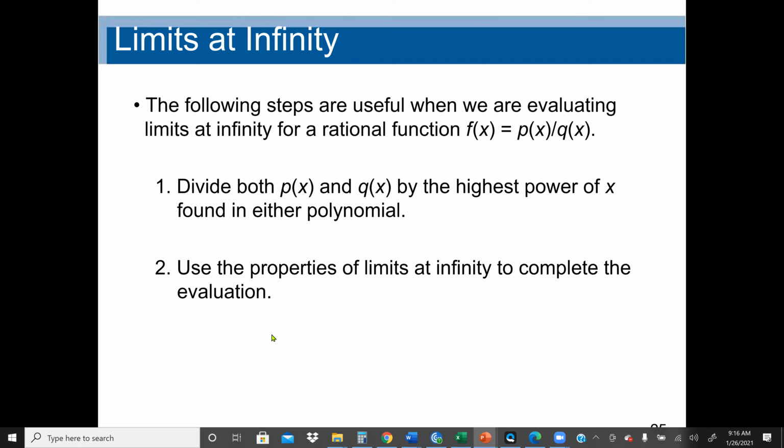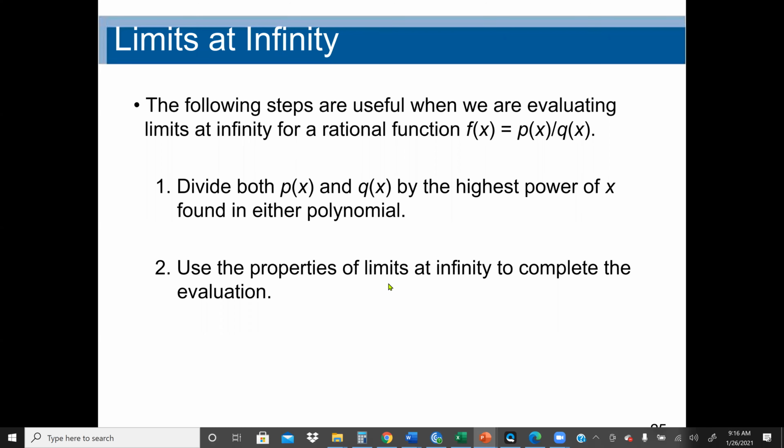Also here they say the following steps are very useful when you are evaluating a limit at infinity for a rational function, such as p at x divided by q at x. First, we should divide both p at x, the numerator, and q at x, the denominator, by the highest power of x. That's what we did, the highest power of x found in either polynomial.